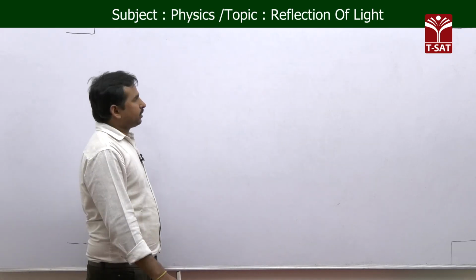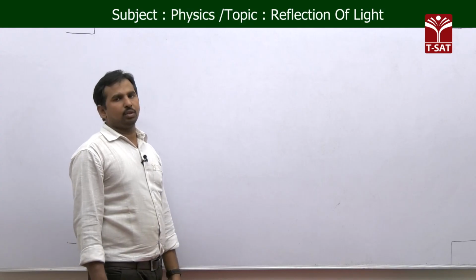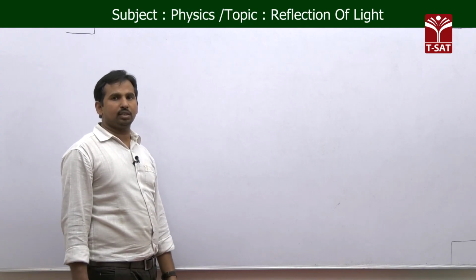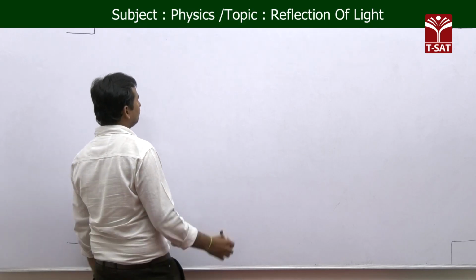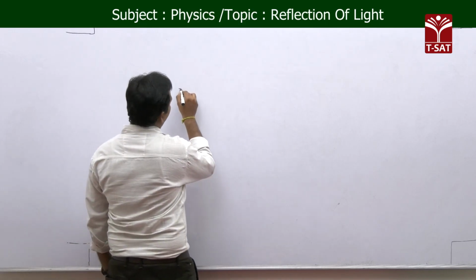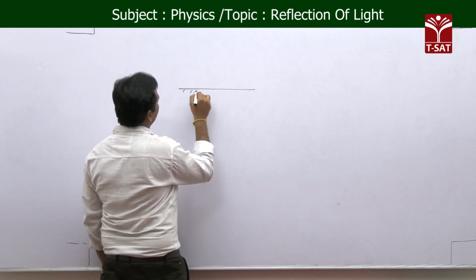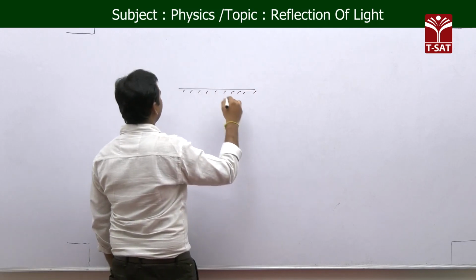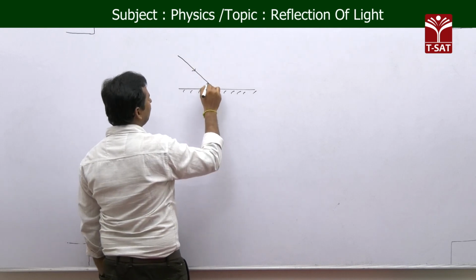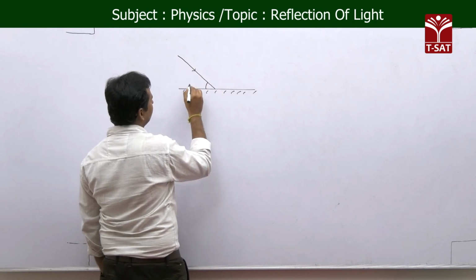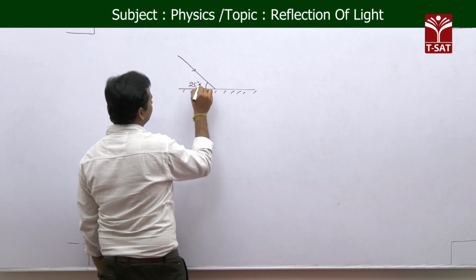Now, just like the spherical mirror, we are seeing on the plane mirror the relation between the angles, how the questions are coming. Suppose in the given diagram we have a plane mirror, and the light ray is incident on it making an angle with the surface, let us suppose 25 degrees.